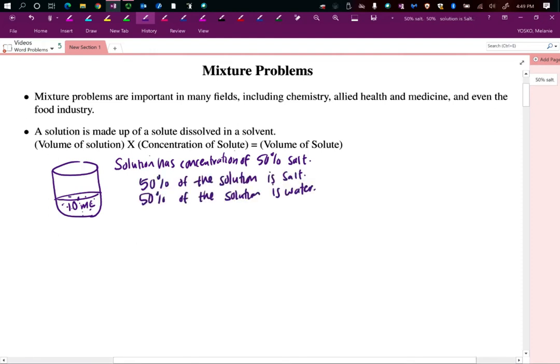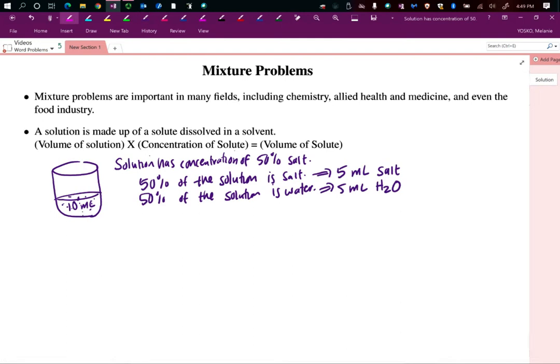Does that seem reasonable? So 50% of the solution is salt. We can do this in our heads. 10 milliliters, 50%, that's half. That means we have 5 milliliters of salt, and then we would have 5 milliliters of water. I'm going to write H2O the way we do in chemistry.